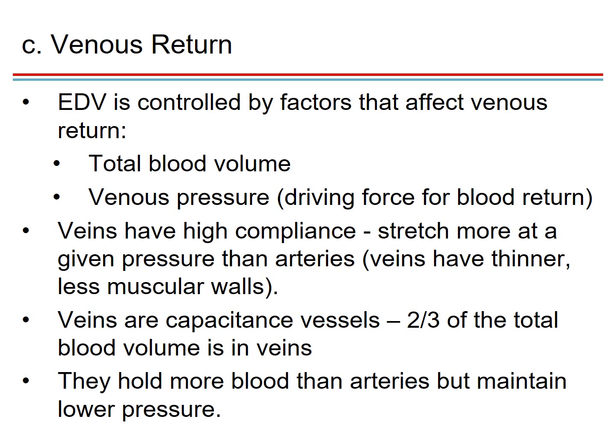So out of 5 liters, then we're talking about 3.5 liters are going to be held within the veins. All right, and so they hold more blood than arteries, but also maintain a lower pressure. So mean venous pressure, for example, is only 2 millimeters of mercury, whereas the mean arterial pressure is about 90 to 100 millimeters of mercury.